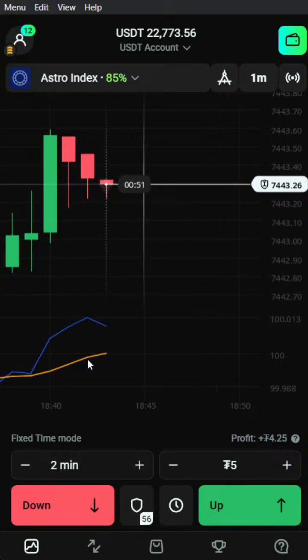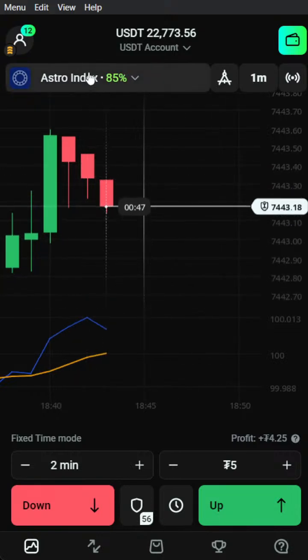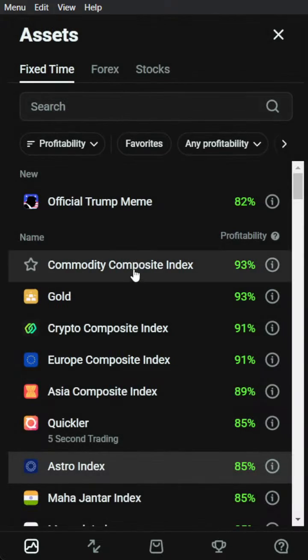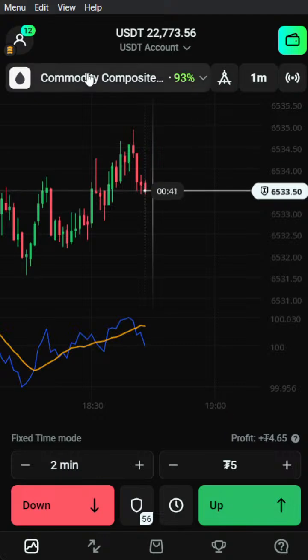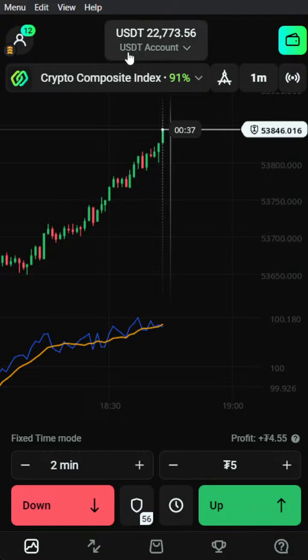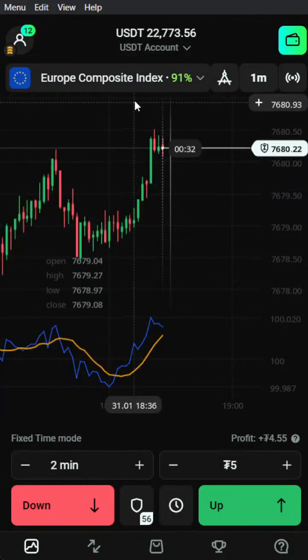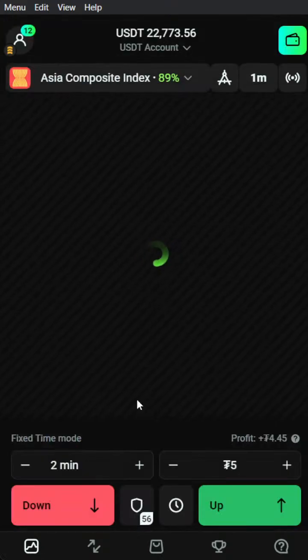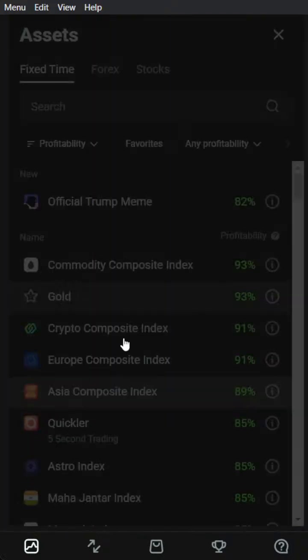So you see it is about to cross, but the color of the candle is not going in that favor. So we wait for some time and then we will see what the next candle says. Okay, I do not see any signal here. Nothing in euro as well. Nothing here.